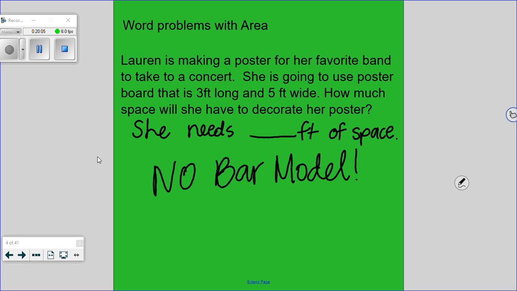Hunter, what do you think it's going to be? Probably a rectangle. Why do you think that? Because it doesn't have equal sides. Are my dimensions equal? No. So that's how I know it's not a square. If they were equal, then it would totally be a square. So let's draw my rectangle. Here's my poster.